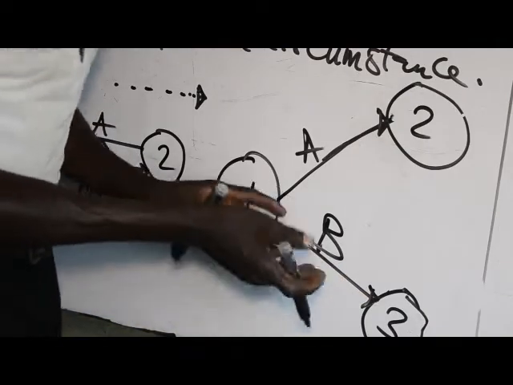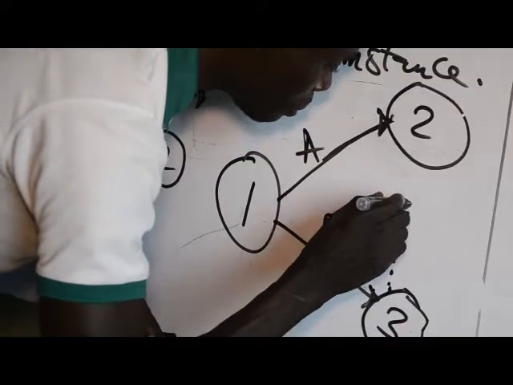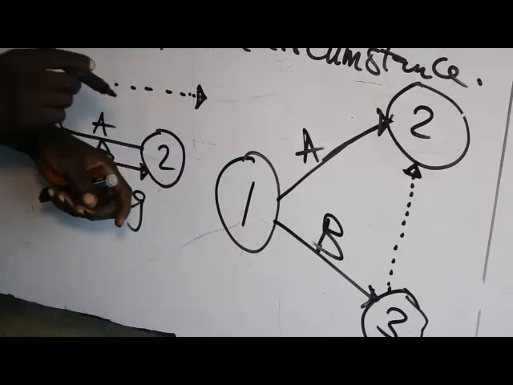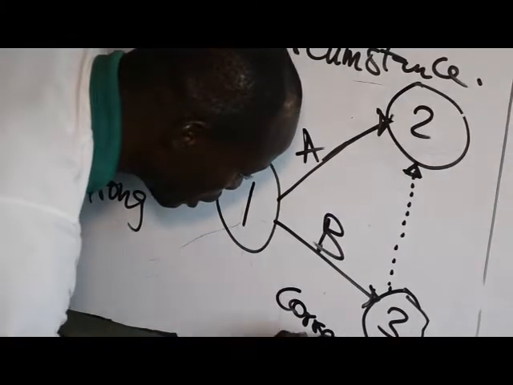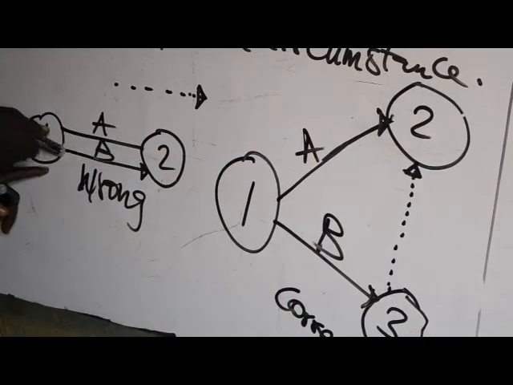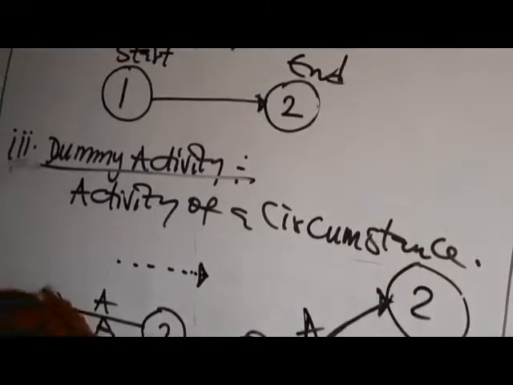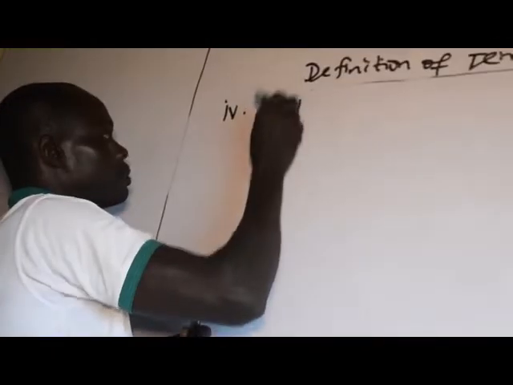They are facing different directions, so you can combine the two activities by introducing a dummy. You use a dummy to combine them. This is correct; it is wrong to draw it the other way. That is dummy activity.